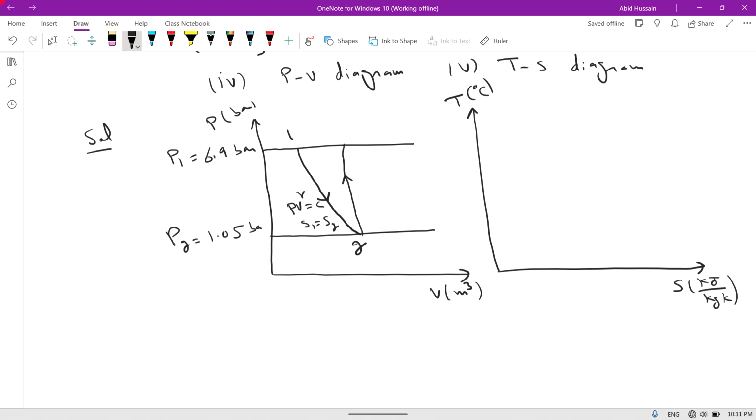This is point 3, where the pressure P3 is equal to P1. So this is the PV diagram for both processes.